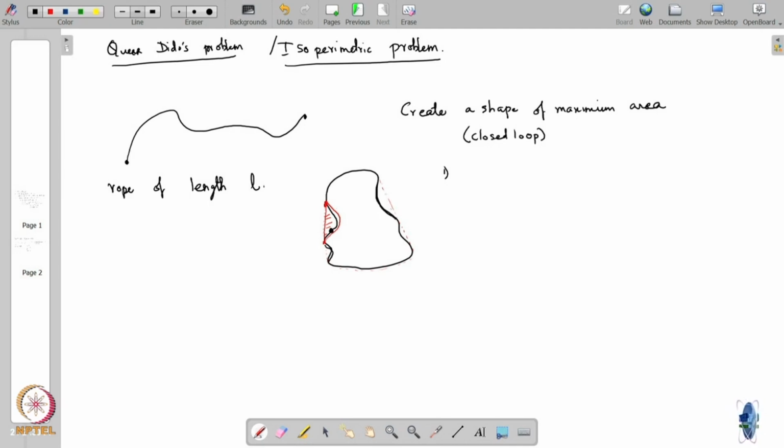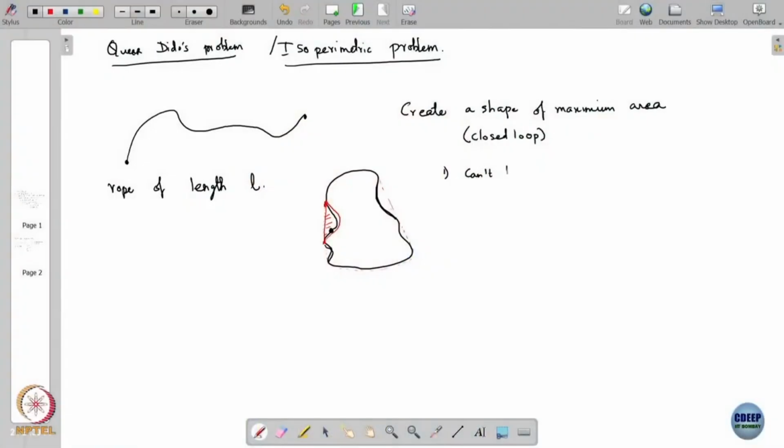All of these dents can be flattened out.